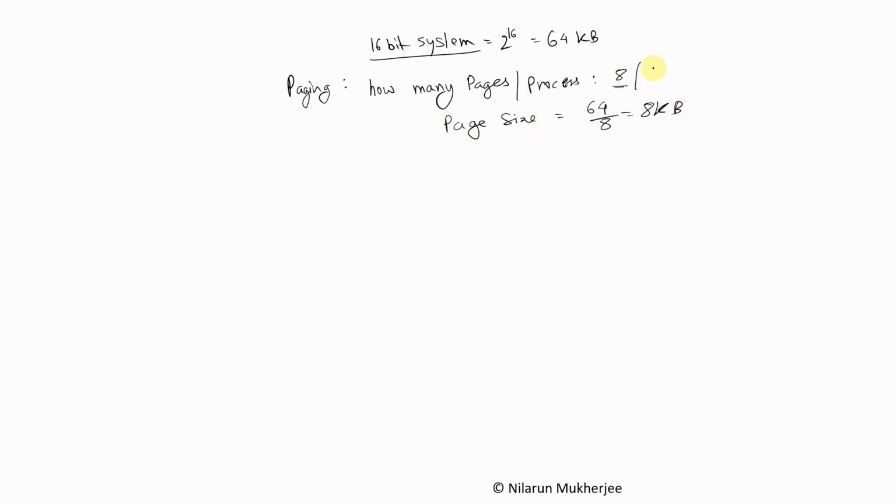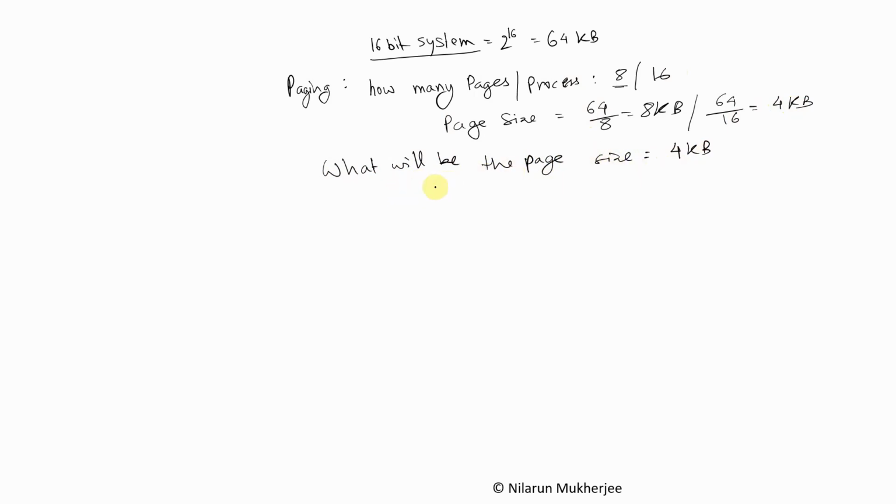If I say no, I go for 16, then it will be 64 by 16, 4 KB. I can go in the reverse direction. I can decide the page size first. So I choose the page size to be 4 KB.